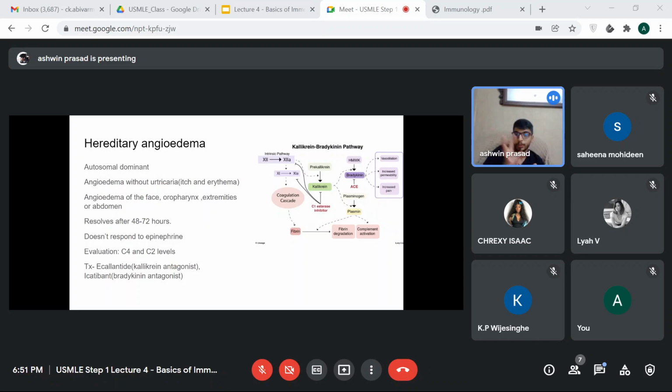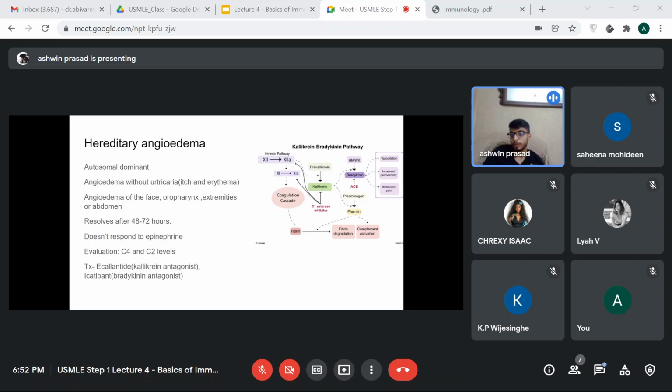So for the activation of factor 12 to its active form, 12a, and 11a and so on, you need C1 esterase to prevent this activation as well, just like how it prevents the activation of C1. So if you lack C1 esterase, you can cause improper activation of the coagulation cascade, just like you cause improper activation of the complement.